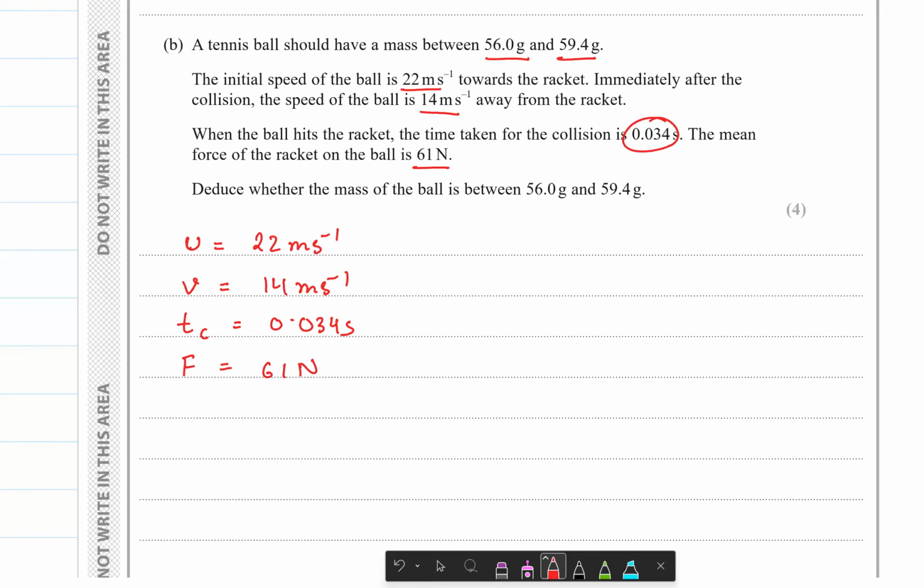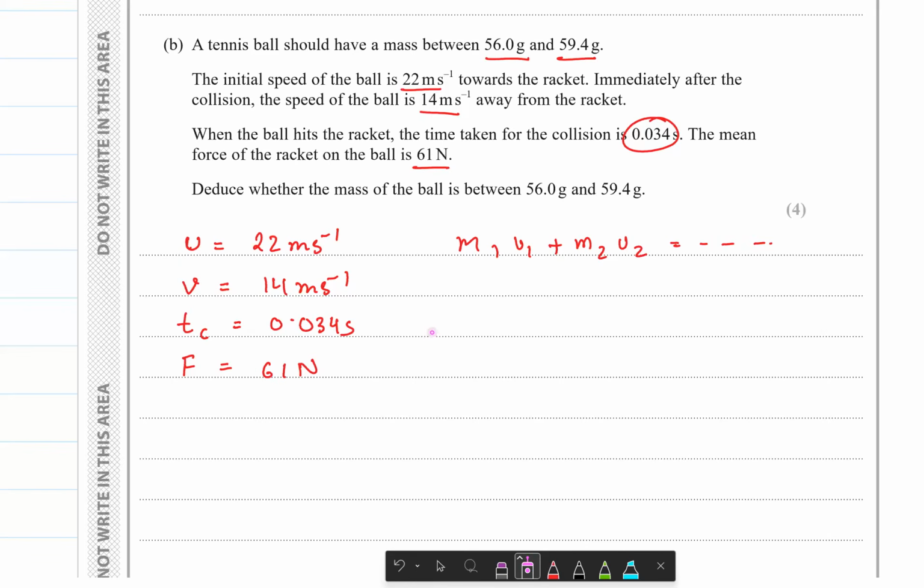Now, my initial thought was to do this question using the conservation law of momentum, because that is the usual trend. However, I cannot use m1u1 plus m2u2 equals and so on.